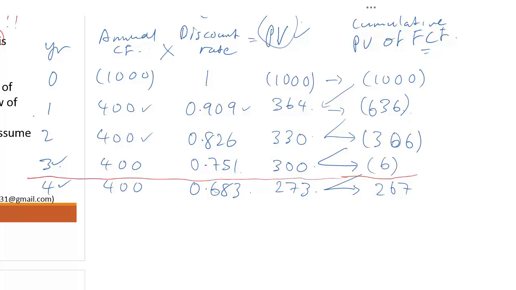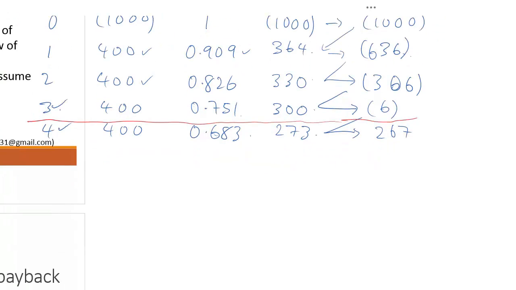That's actually in between year 3 and year 4, which means that the payback period must have been achieved around the year 4 period. But it's not exactly at the beginning of year 4 or end of year 4. It looks like it's more correctly to be year 3. And how many of year 3?